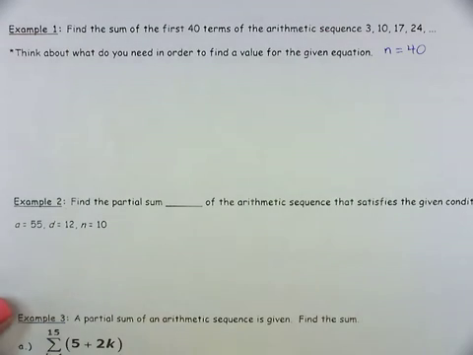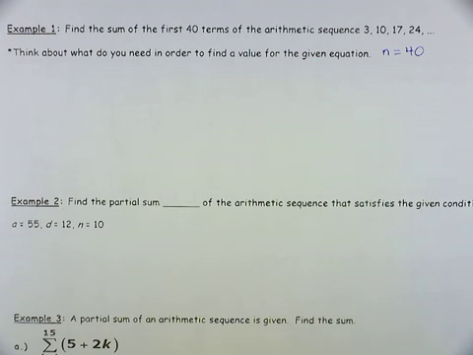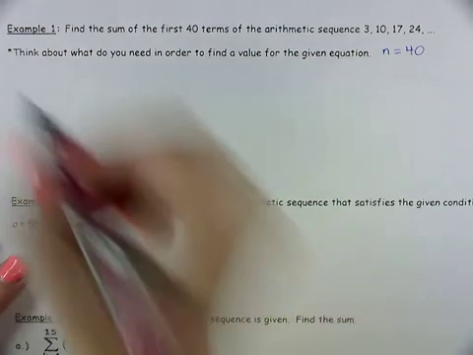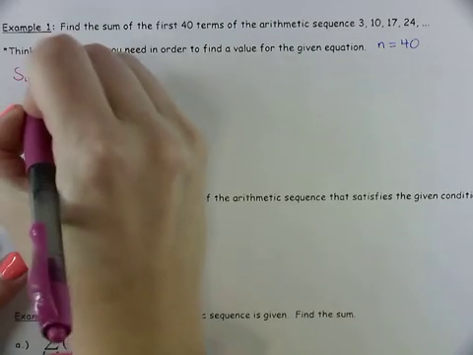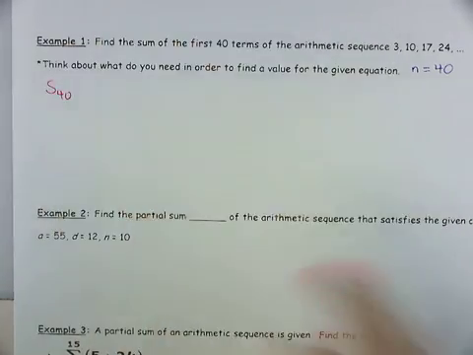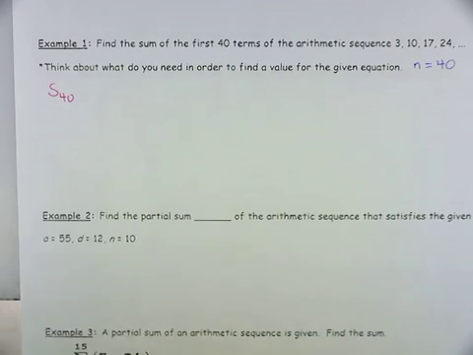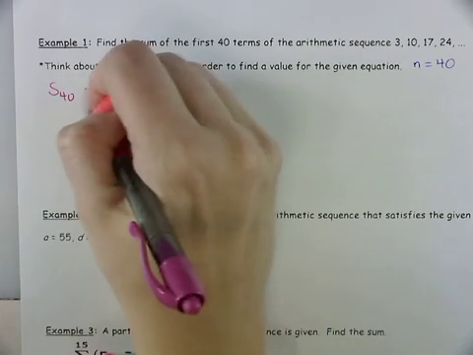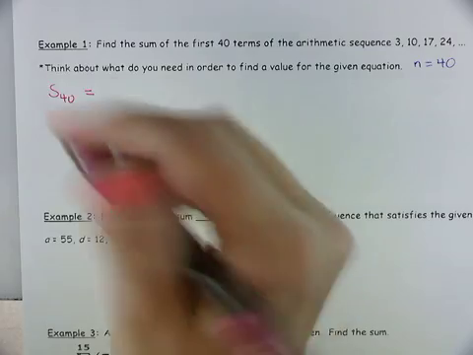Okay, so your n value is going to be 40. Then we're going to substitute this into our formula. So S sub 40, I'm replacing my n with 40. Instead of n, I'm going to have 40.